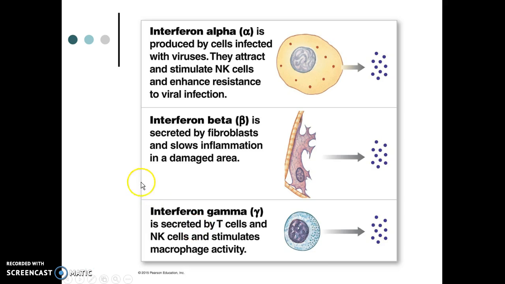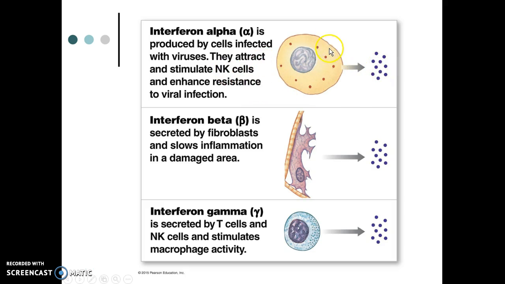We're going to go past interferon, and we know that this one, again, is innate immunity. It's not specific. There's no memory. However, if a body cell is infected with a virus, it can produce interferon alpha.